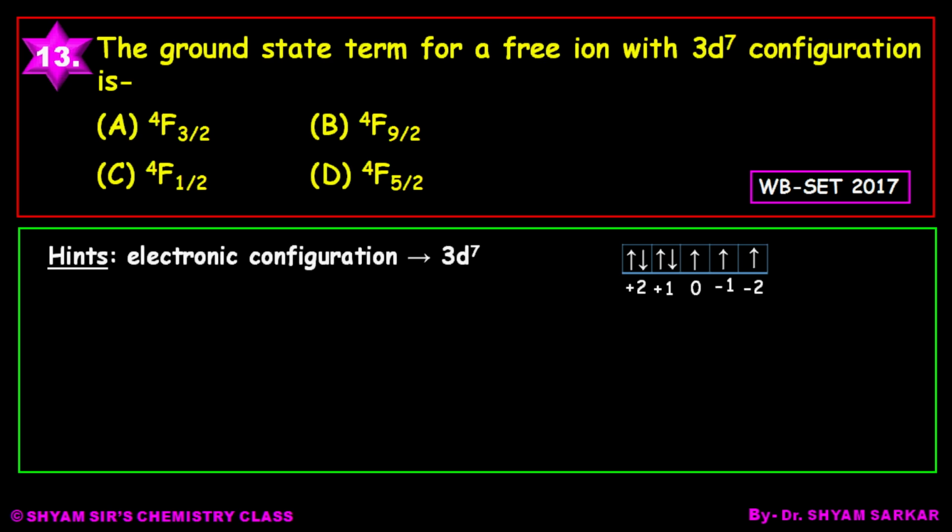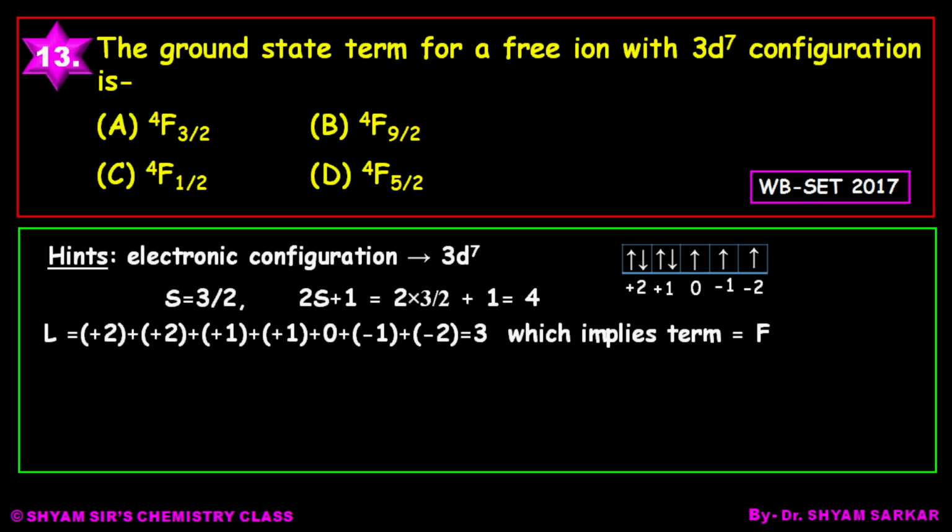So let us see the S value. S equal to 3/2, because for the 4 paired electrons S will be 0. And 2S plus 1 is 4, that is the total spin multiplicity is 4. Okay. So capital L is 3, which implies the term F.